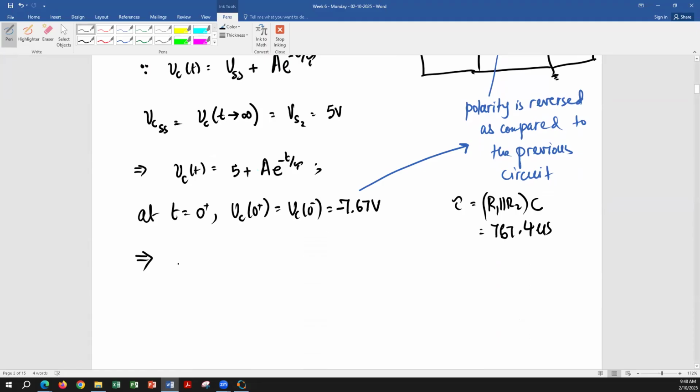Okay, so then I have negative 7.67 in this equation. Negative 7.67 is equal to 5 plus A. E to the power 0 is going to be 1 when you put t is equal to 0. So A is going to be negative 5 minus 7.67, negative 12.67.